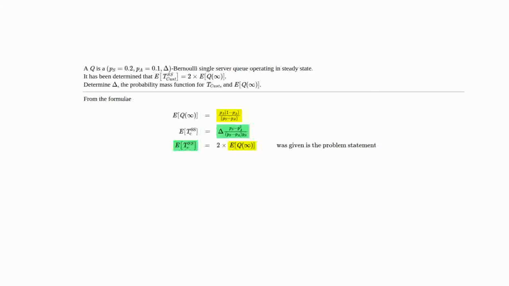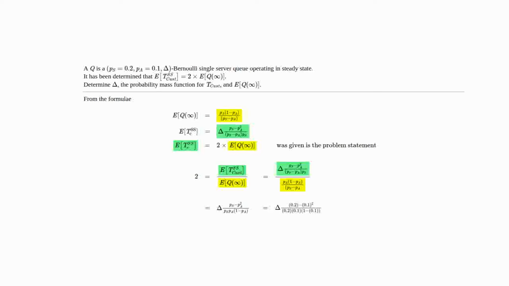And from these two equations, and also since we were given the ratio of these two, we easily get that 2 is equal to the expected customer time in steady state over the expected queue length in steady state. And that then, by dividing these two formulas, is equal to delta times PS minus PA squared over PS PA times 1 minus PA.